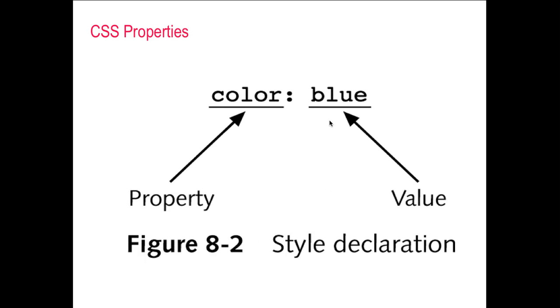This is what's referred to as a style declaration. All you have is basically a bunch of style declarations in a CSS file. When you include the file, you're declaring these styles, so that when you use a font, it's going to be blue, with certain characteristics associated with it.